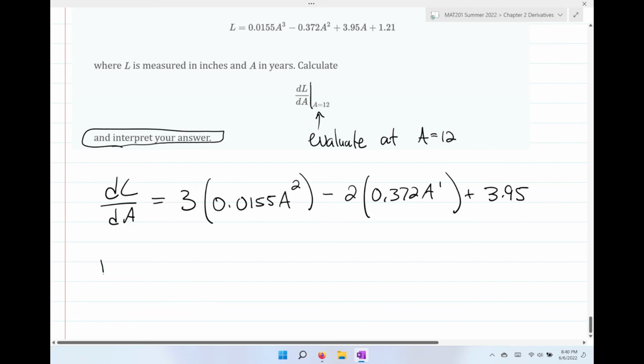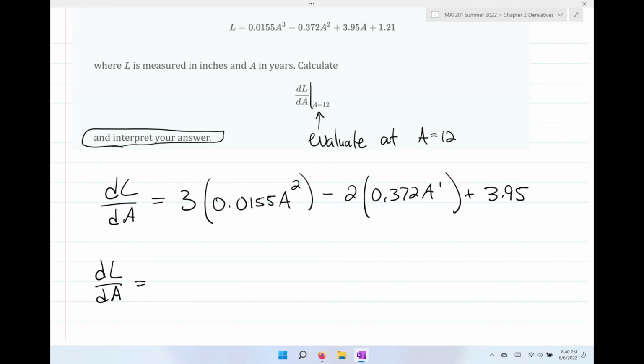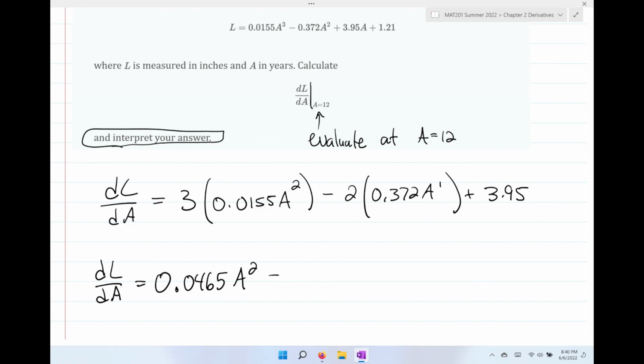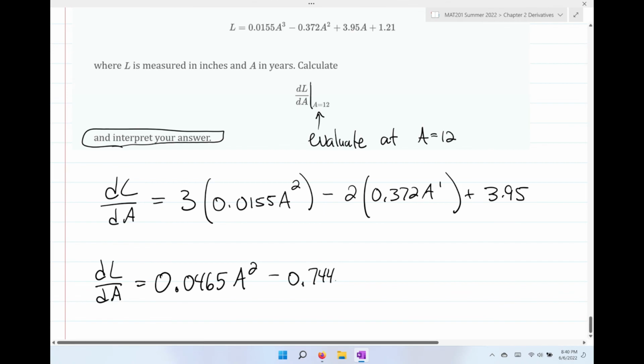Now to clean this up, the derivative of the length with respect to the age is going to equal 3 times 0.0155, which is 0.0465 A squared, minus 2 times 0.372, which is 0.744 A, plus 3.95.